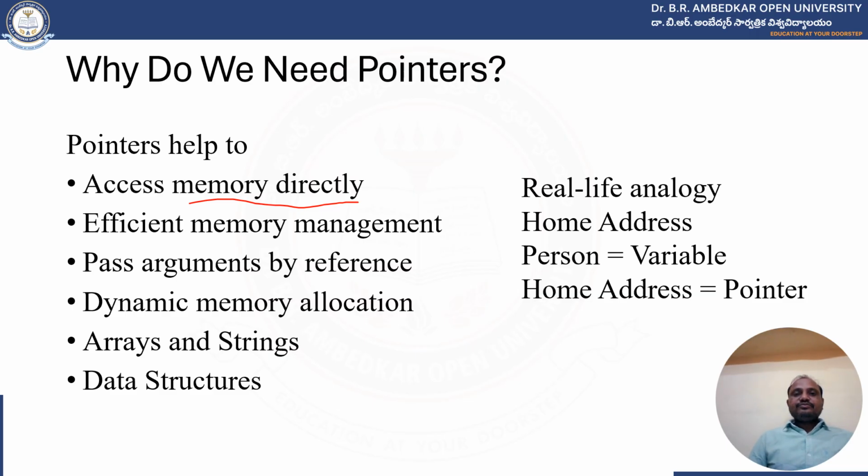So the person is the variable, and his home address we can say is a pointer. By using the pointer we can easily access or identify that particular person. The main use of pointers is to easily locate the address of the variable.